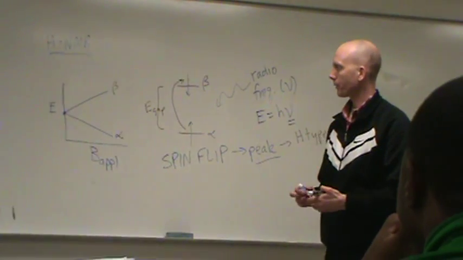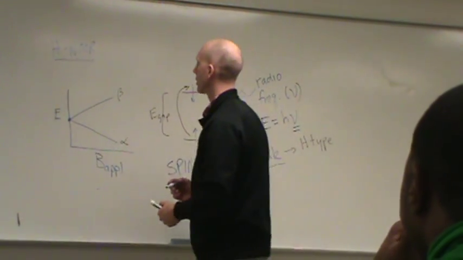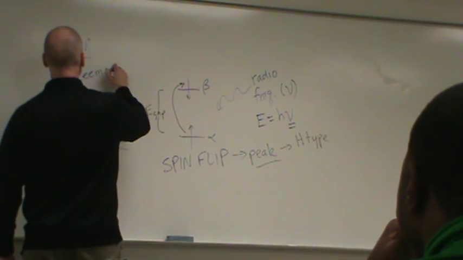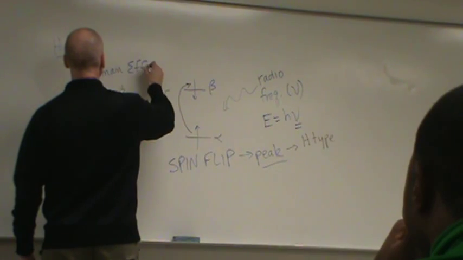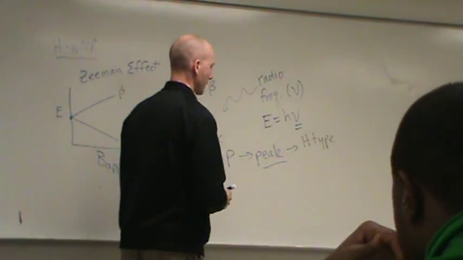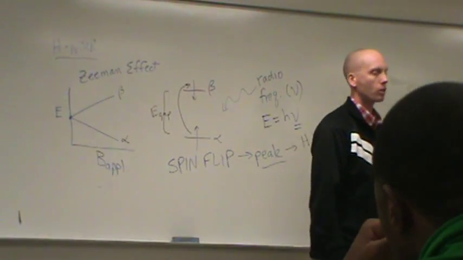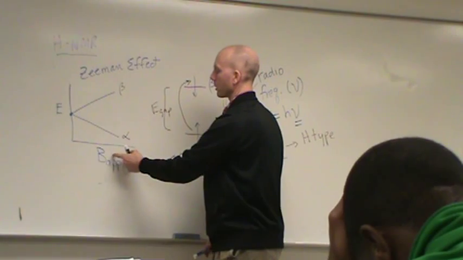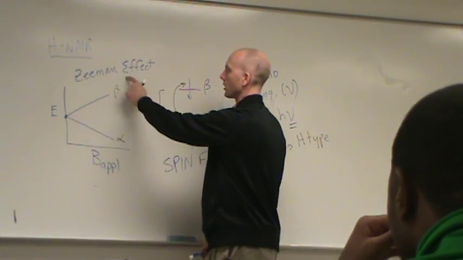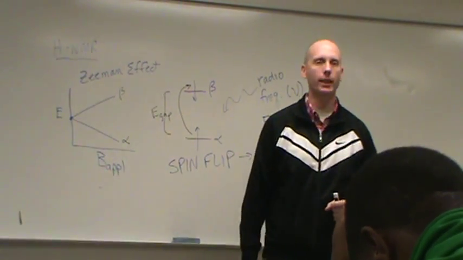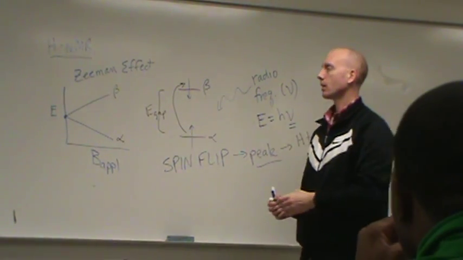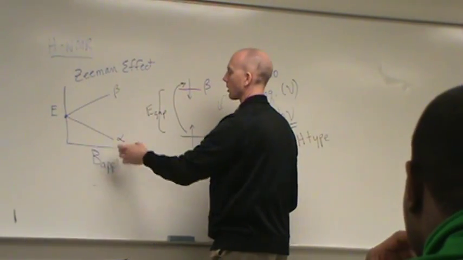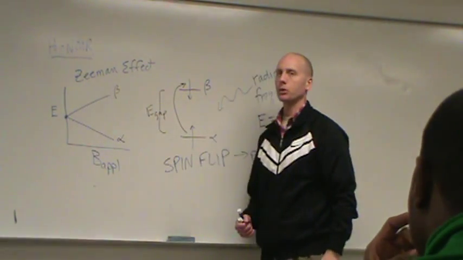Before we go on, let me do some labeling here. This generation of spin states, when we apply a magnetic field, is what's called the Zeeman effect. So you see the Zeeman effect occurring more and more with higher magnetic fields.